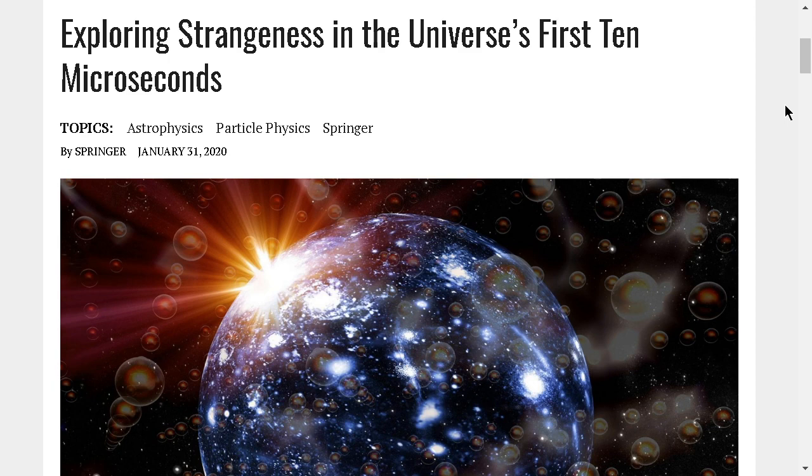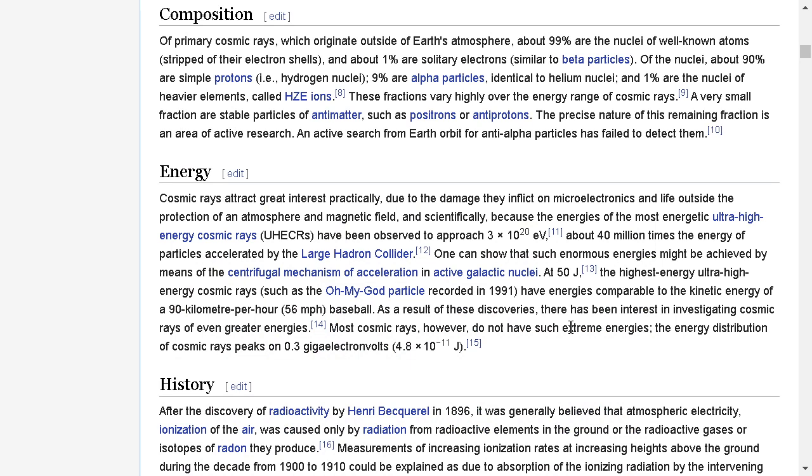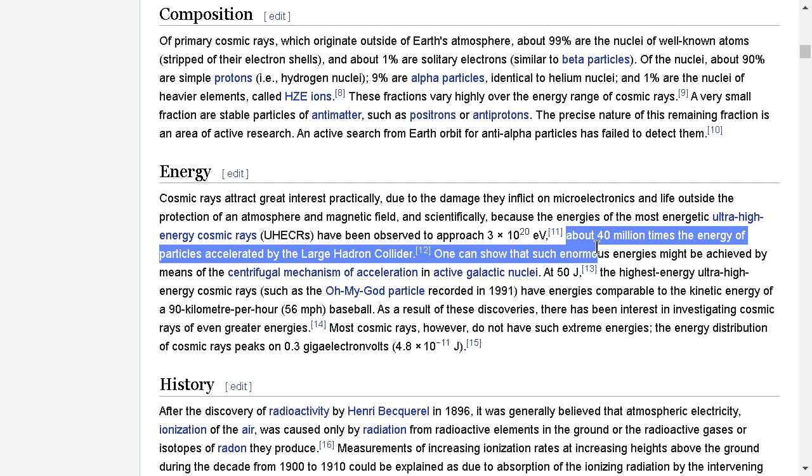And yeah, one other thing about cosmic rays before I forget. Just for all you people who've never taken a physics class and you're very scared of the Large Hadron Collider, let's talk about the most high energy cosmic rays ever observed, right? Well, they turn out to be 40 million times the energy of the particles accelerated by the Large Hadron Collider.